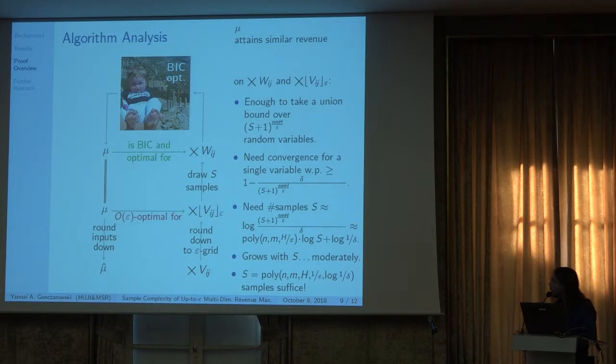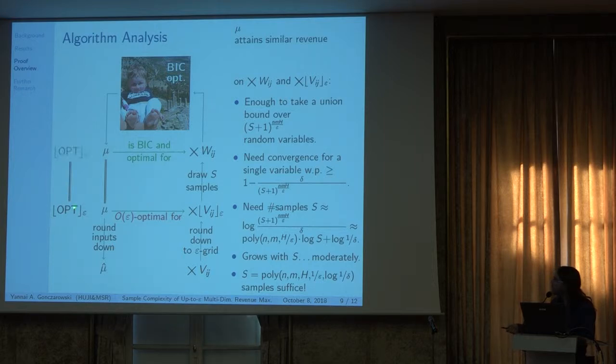and get what we want. Note that so far I've shown you that mu attains similar revenue over the empirical and the real rounded distributions. I haven't told you why there couldn't be any better optimal auction for here that gets much higher revenue than could possibly be attained here. So I haven't completed the argument for why mu is epsilon optimal for this.